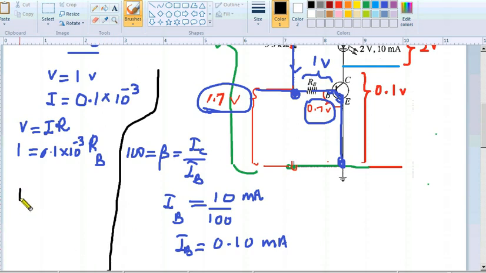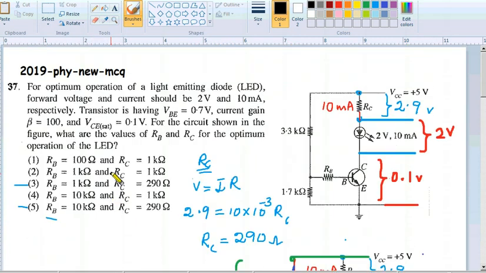So R base is now 10,000 ohm. That means 10 kilo ohm. So finished. The answer is 10 kilo ohm.